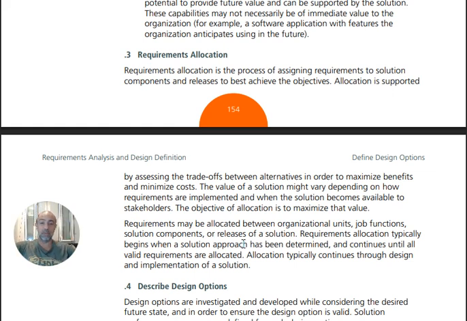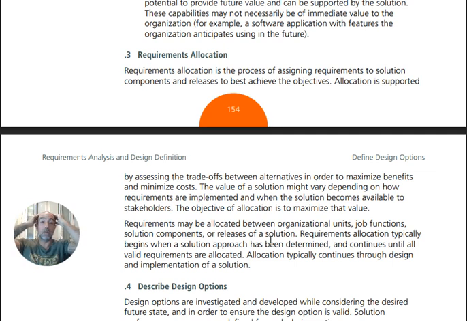I'm sorry if any of you is vegetarian or vegan, but there are some pieces of the cow that actually make good meat, good steaks, while other pieces of the cow make more soupy, better for stew, right? And so requirements allocation is basically assessing the trade-offs between alternatives in order to maximize benefits and minimize costs.